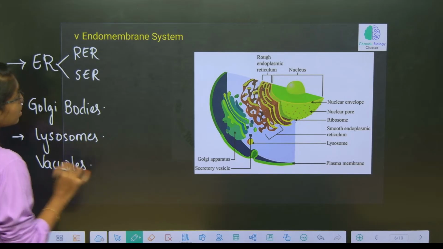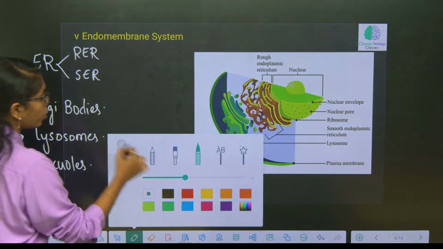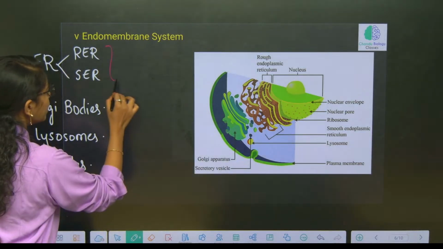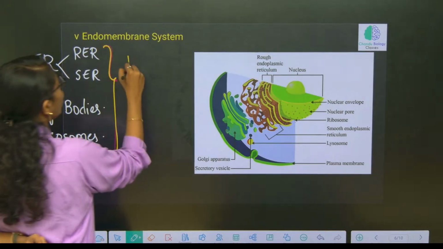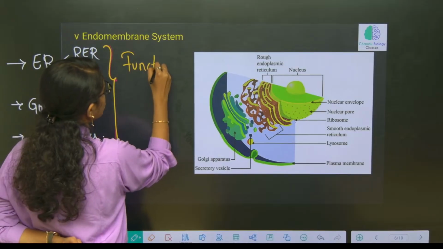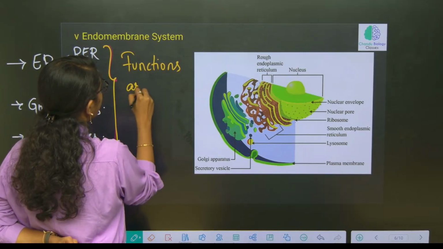The functions of these organelles are coordinated.